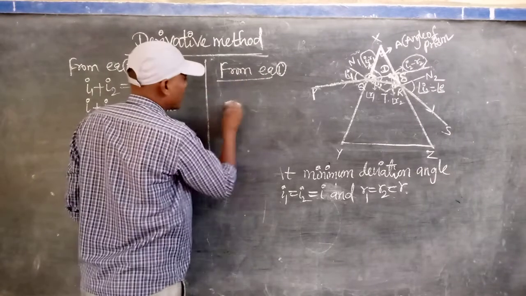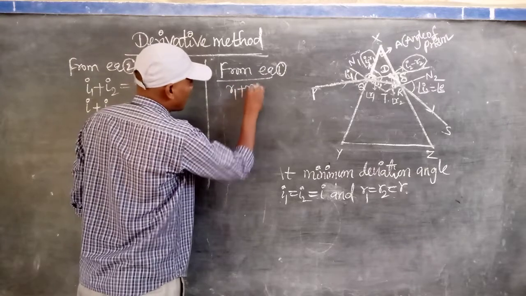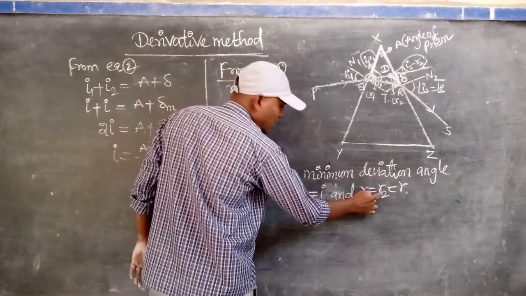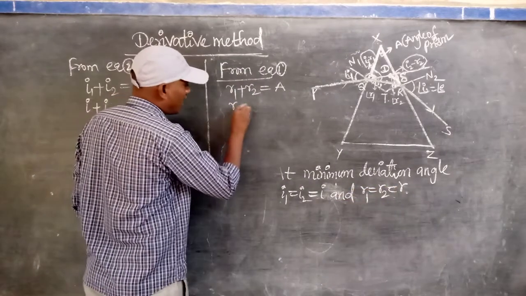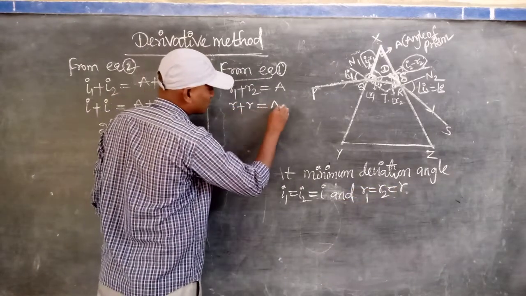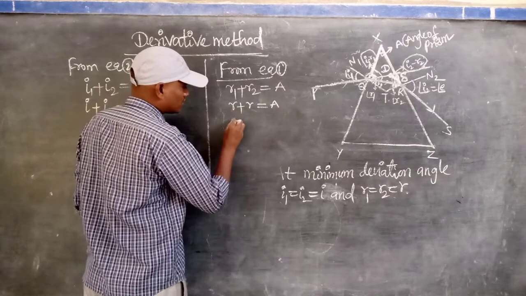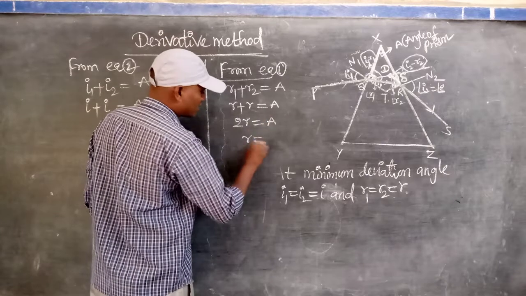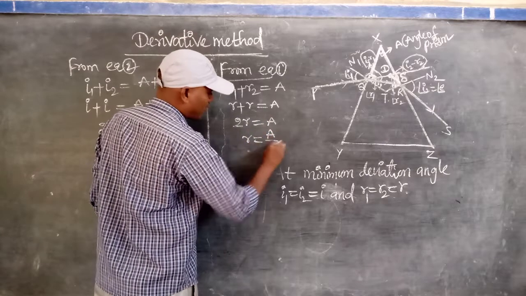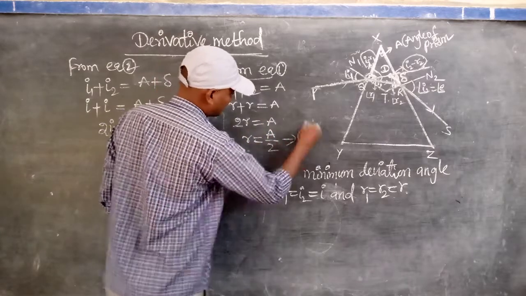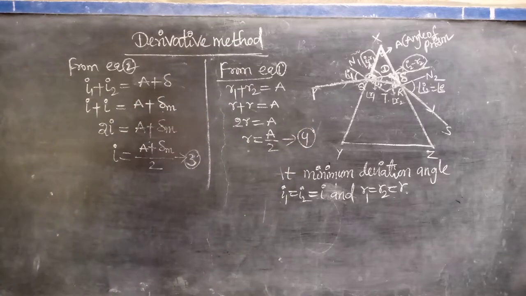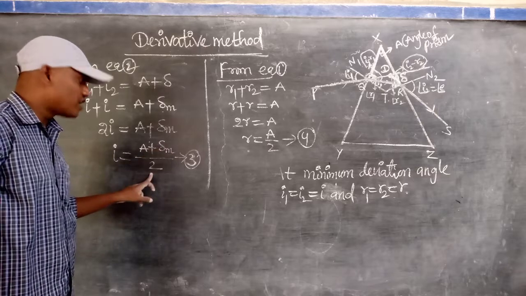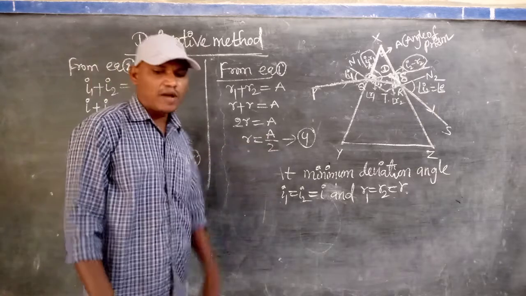From equation 1, R1 plus R2 is equal to A. R1 equals R2, that is equal to R. That's why R plus R is equal to A. So R plus R, 2R, is equal to A. Then R equals, transferring 2 to that side, A upon 2. Equation number 4. So I is equal to A plus delta M upon 2, and R equals A upon 2.